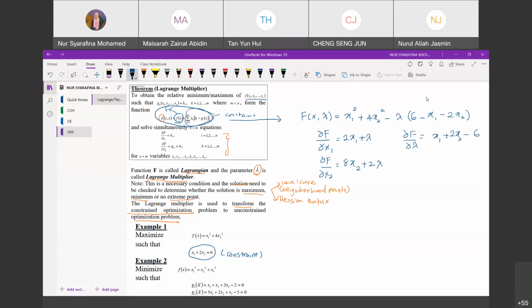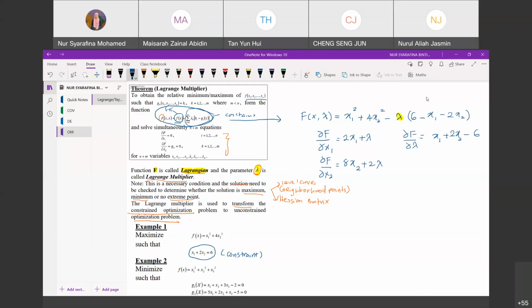First, we convert to this Lagrangian f. And then we introduce the Lagrange multiplier lambda here. Then we apply the necessary condition to find the extremum point where we need to have the critical point. So in order to have a critical point, remember the first derivative equals 0.